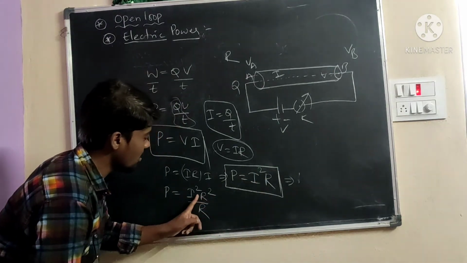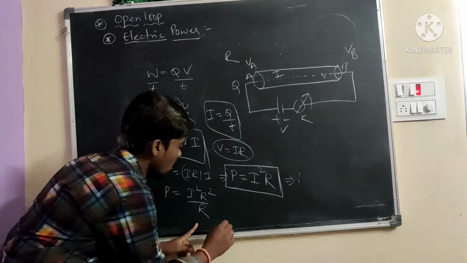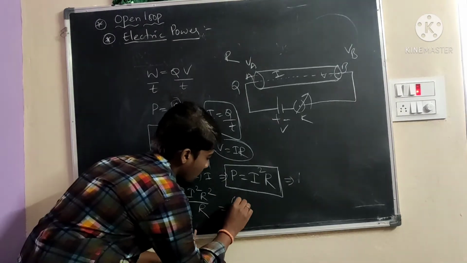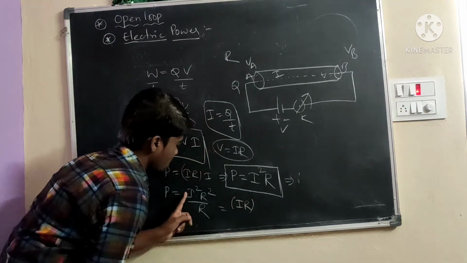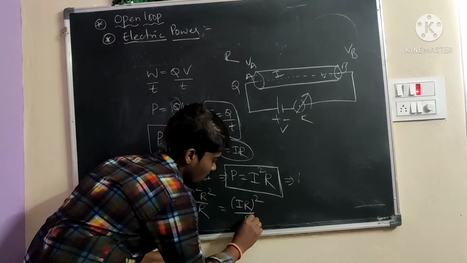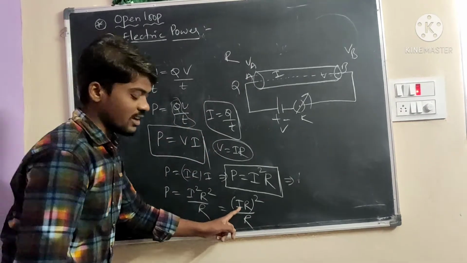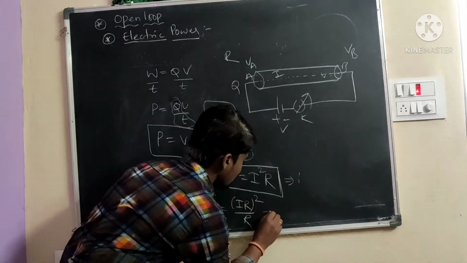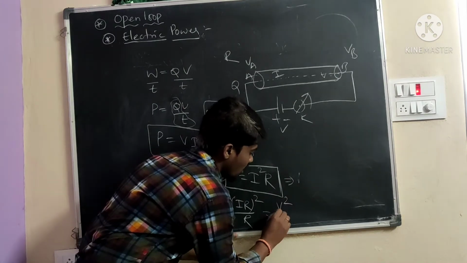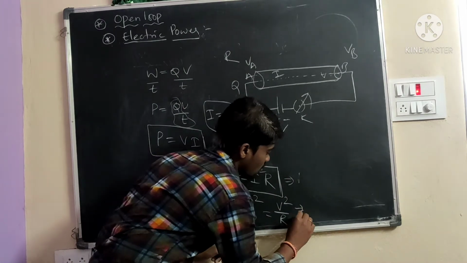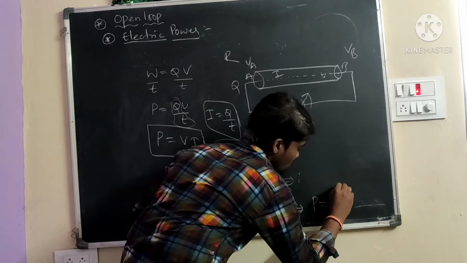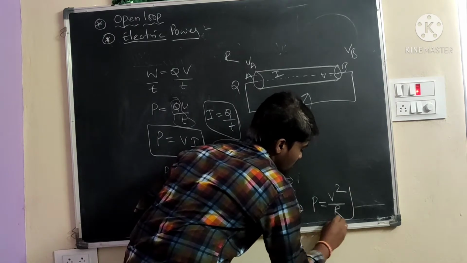Then IR whole square by R. According to Ohm's law, V is equal to IR, so IR whole square is V square. P is equal to V square by R. This is another formula.